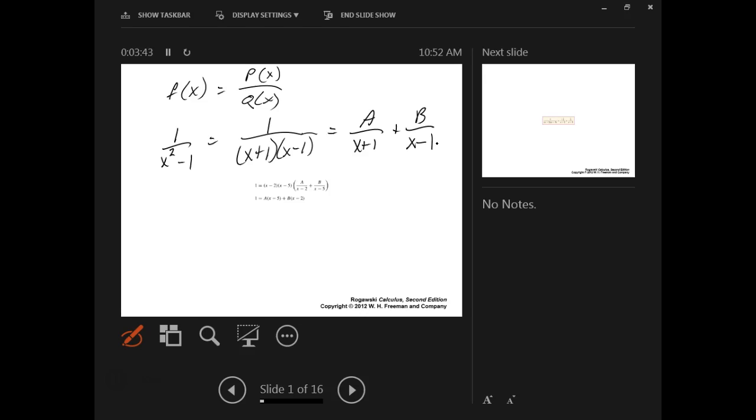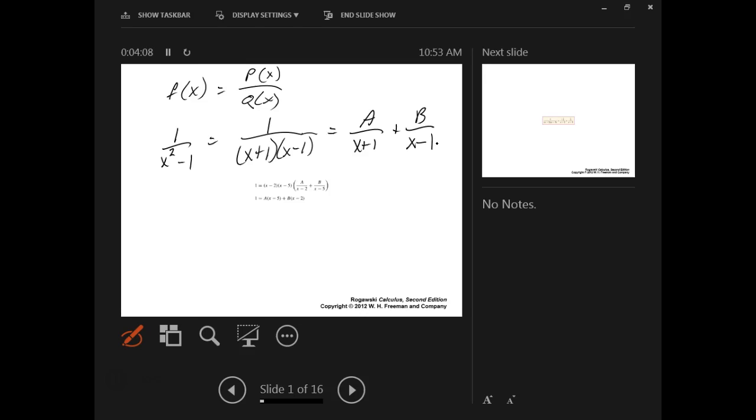Because if you were trying to add these two fractions together, you could at least have a denominator which is the product, and then you would do A times this one plus B times this one, and figure out what would equal 1, right? Okay? Well, that is a technique we're going to use.